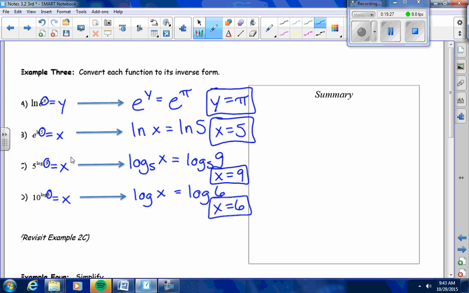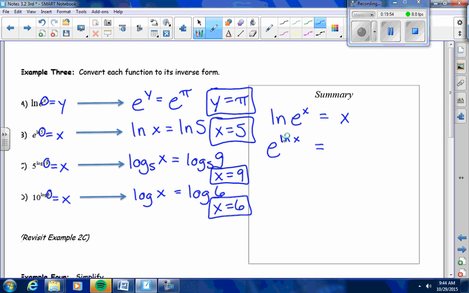So let's look at a summary. The natural log of e to the x, natural log and e will cancel each other out. You're going to be left with x, the exponent. E raised to the natural log of x power.